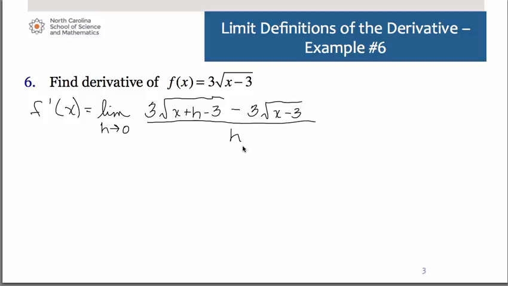So we obviously cannot substitute 0 in for that denominator, so this is one that you hopefully recall we will have to multiply by the conjugate of that numerator expression in order to get this simplified. So the conjugate we will multiply by will be 3 square root x plus h minus 3 plus 3 square root of x minus 3.